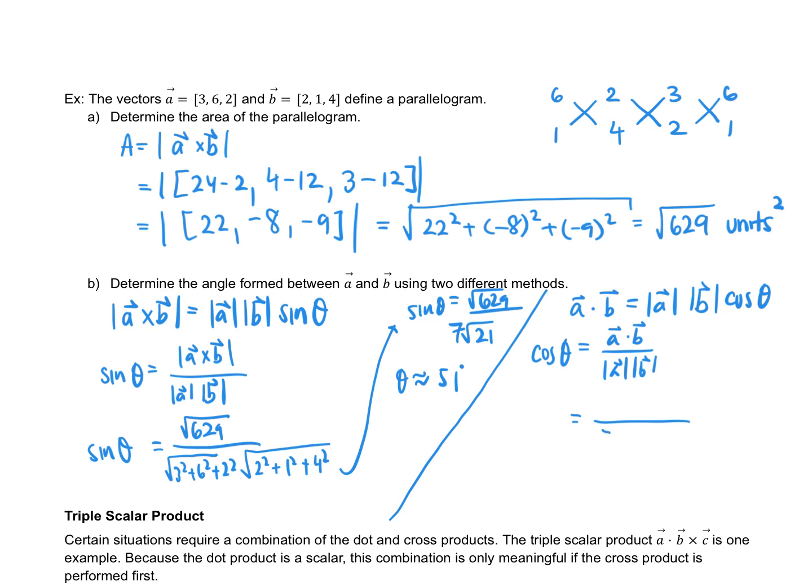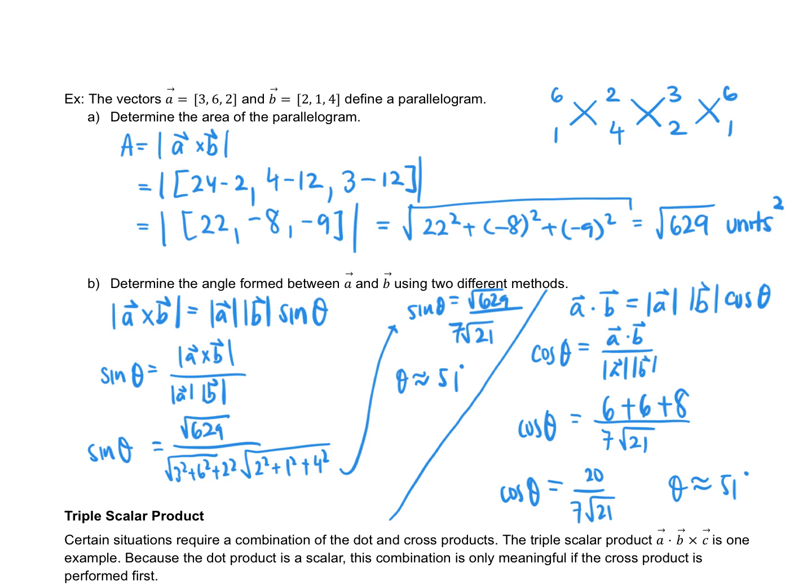The magnitude of A is 7, the magnitude of B is root 21, and now just the dot product between A and B. So multiply the x components, 3 times 2 is 6. Multiply the y components, 6 times 1 is 6. And the z components, 2 times 4 is 8. So cos theta equals 20 over 7 root 21. And if we take a cos inverse, we do in fact get the exact same 51 degrees.